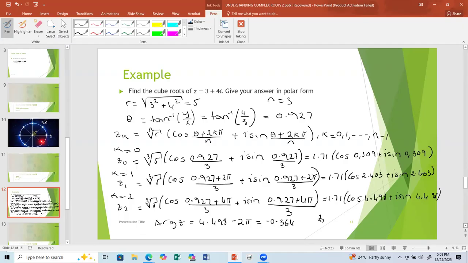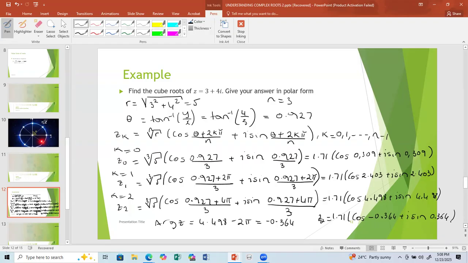Therefore, our z2 now will be 1.71 times cosine of minus 0.364 plus I sine of minus 0.364. And that is how we obtain these various roots of the complex number 3 plus 4i.